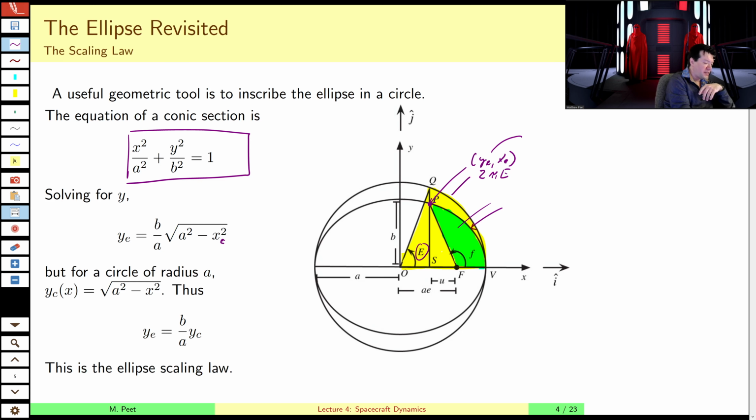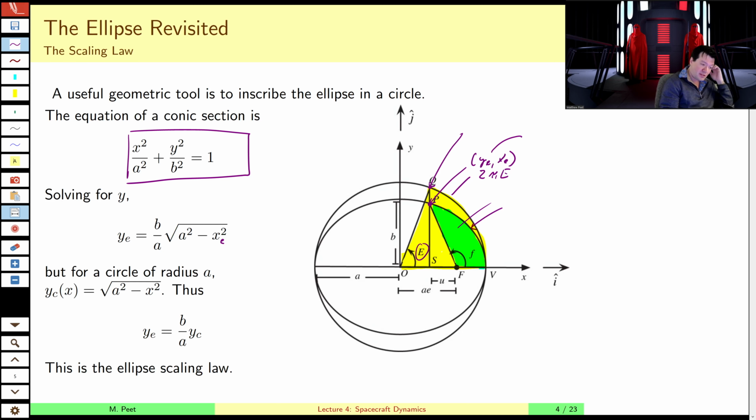I'll just write down E here. I'm a little hesitant to do that, of course, because I'm actually also interested in the position of this point. So why am I interested in the position of that point?